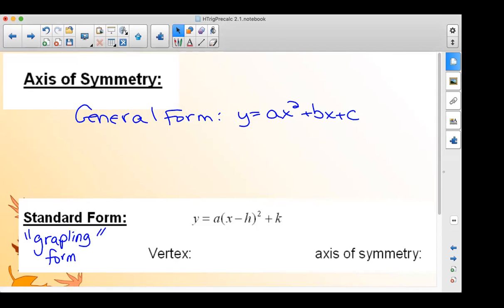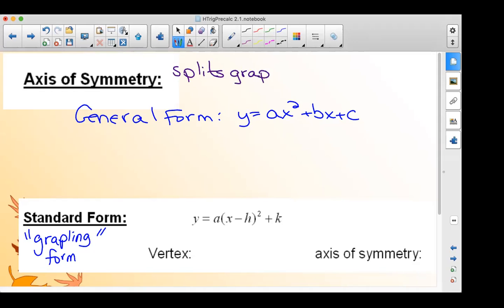Tyler, what's the axis of symmetry? Well, not even in the equation, but what does it mean if it's an axis of symmetry? Yeah, so the same on both sides. So I'll say it splits the graph in half.